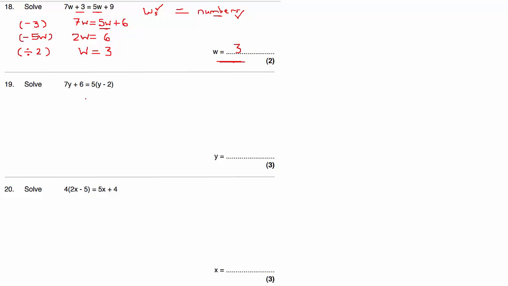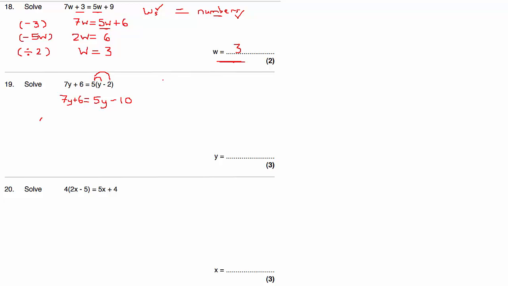So perhaps the first thing to do then is to expand this term over the bracket. So 5 times y gives us 5y. 5 again times minus 2 gives us minus 10. Okay, so with this one we can take the same approach as before.